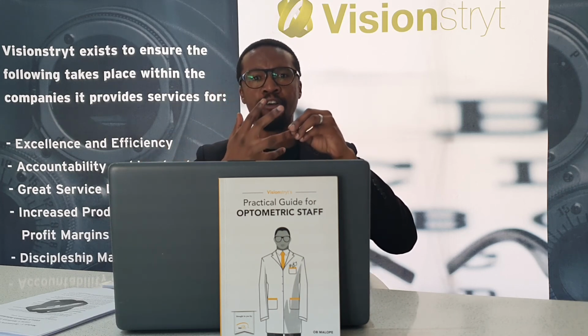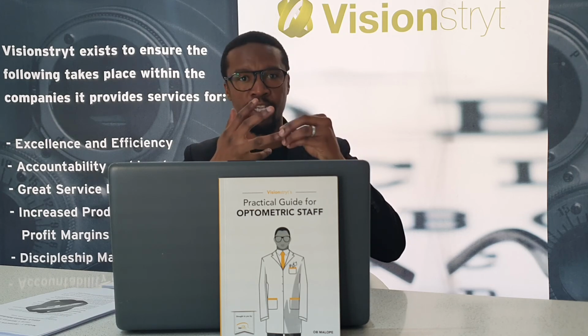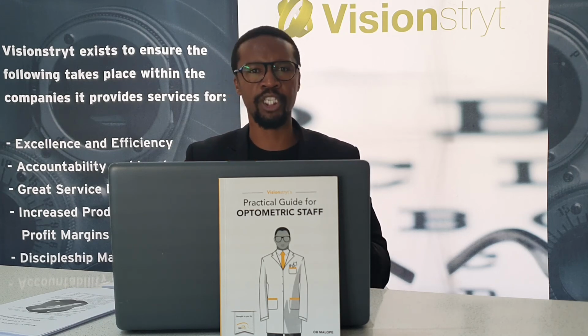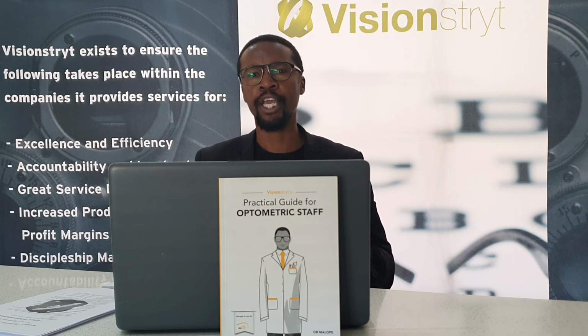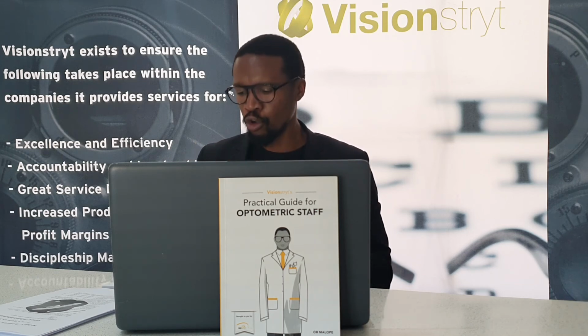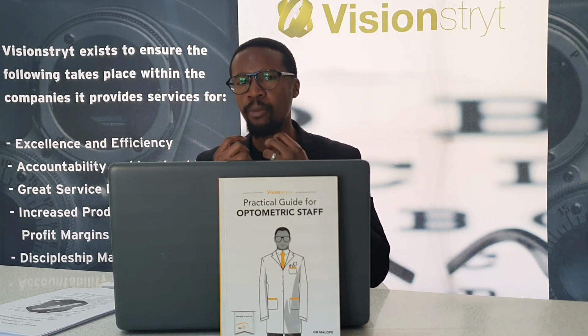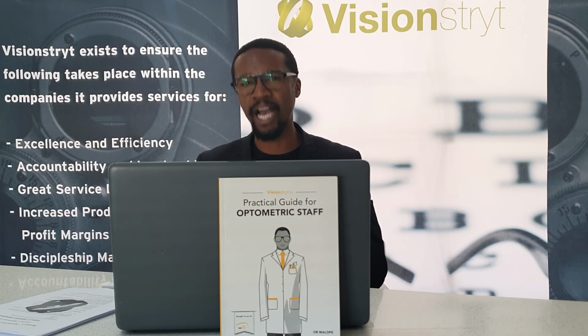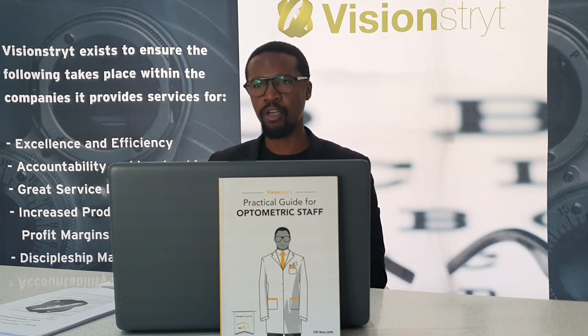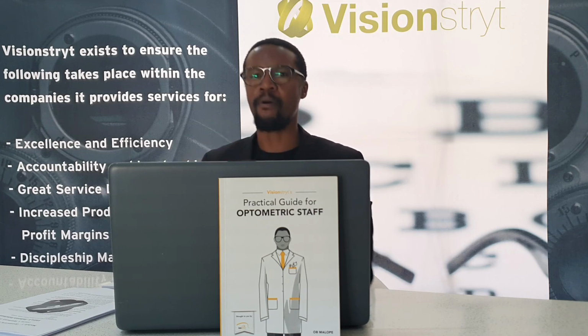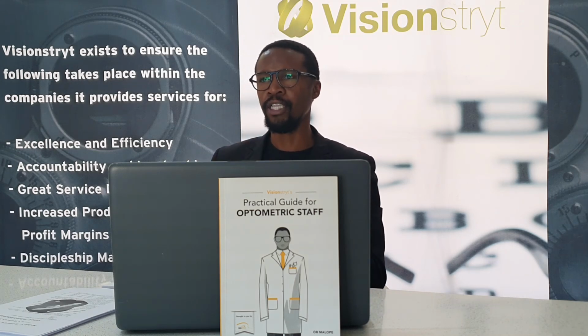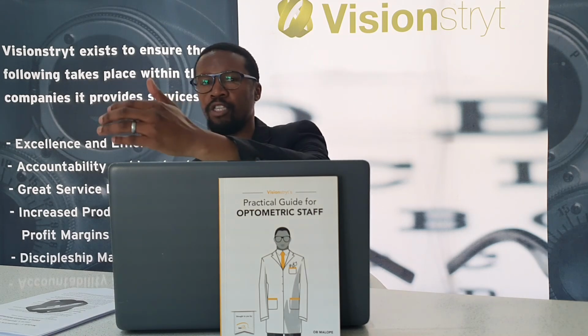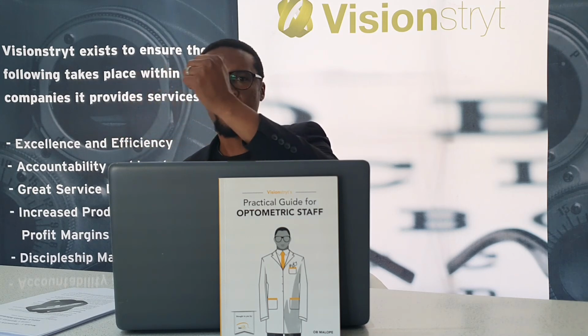You need to know how to sell products without sounding like you are sales pitching. And the easiest way to do that is by communicating value. So it's very important that you sit down with your optometric team and they tell you this is the value that people are getting from our products. This is the value that this product is giving to this 30-year-old, 50-year-old, 60-year-old.